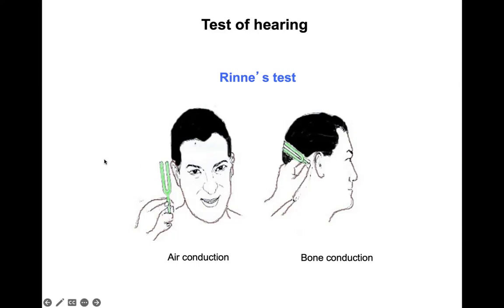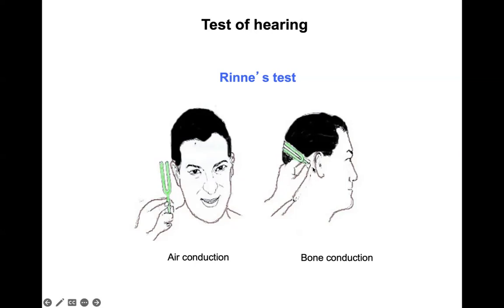Questions. If you have nerve deafness, you have nerve damage. When you do the air conduction test, can the patient hear if the patient has nerve deafness? No, right? Because the nerve has problems, so no sound.